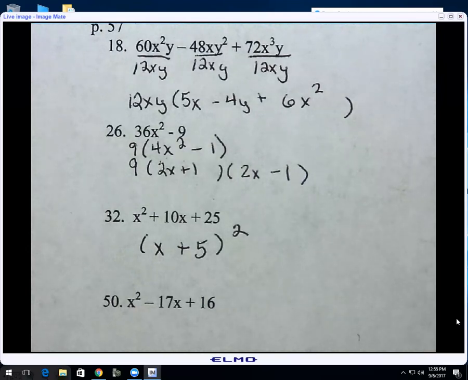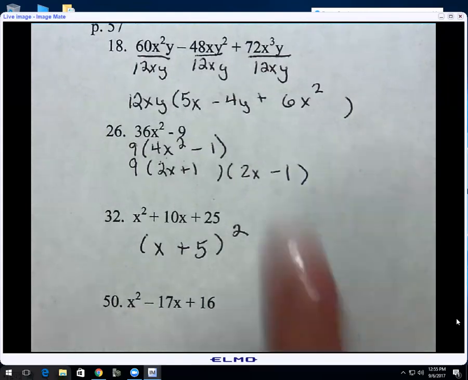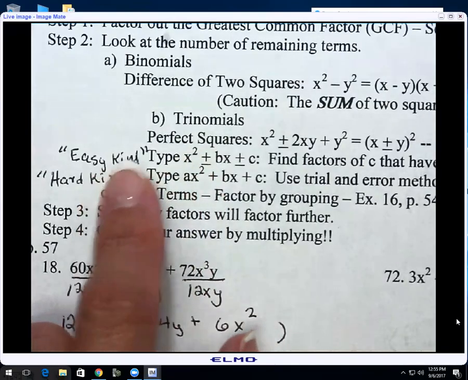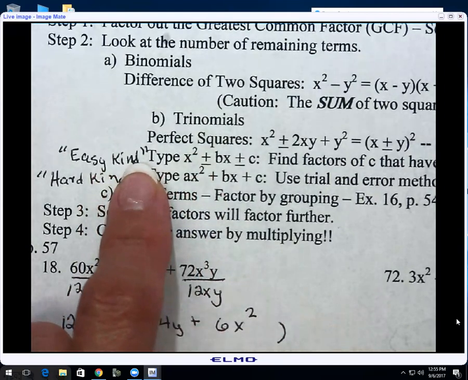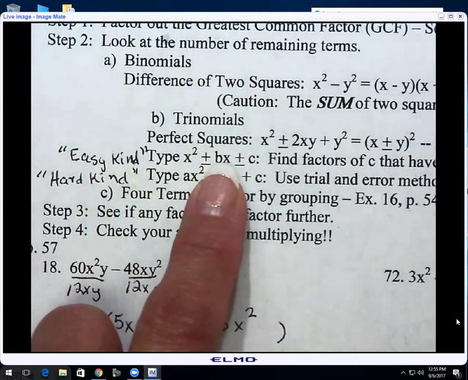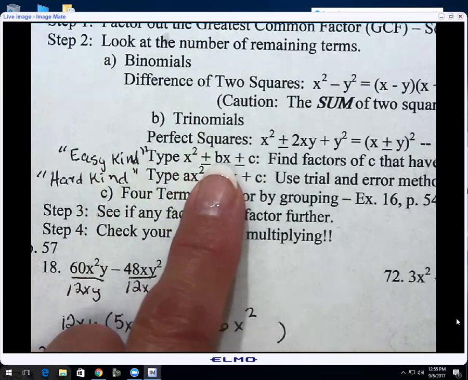But actually, that one would have been pretty easy to factor anyway. Because even if I'd never heard of perfect square trinomial, I would have said, hey, that's the easy kind, because the leading coefficient's 1. If the leading coefficient's 1, I can just put down 2 parentheses and play with it until it comes out right.